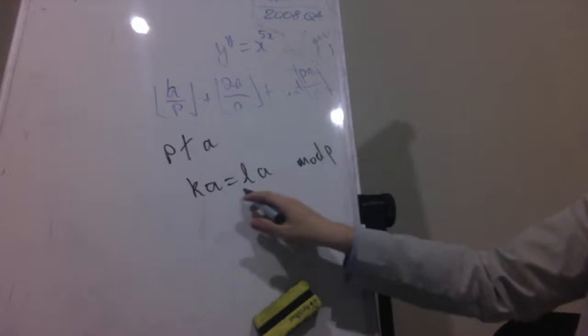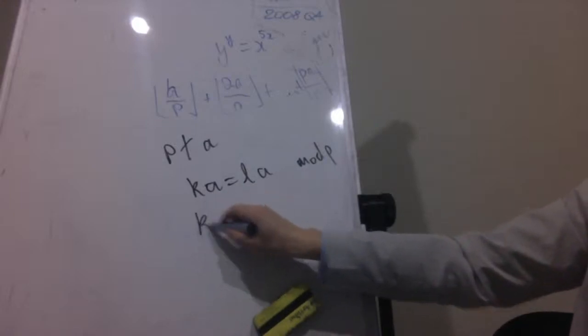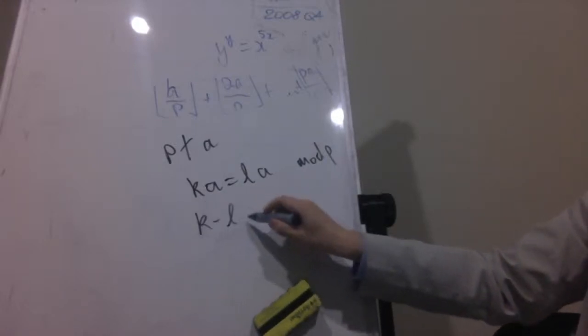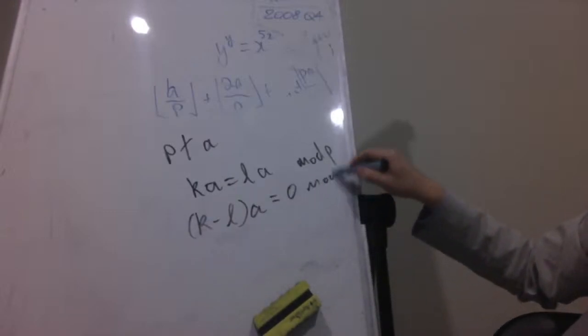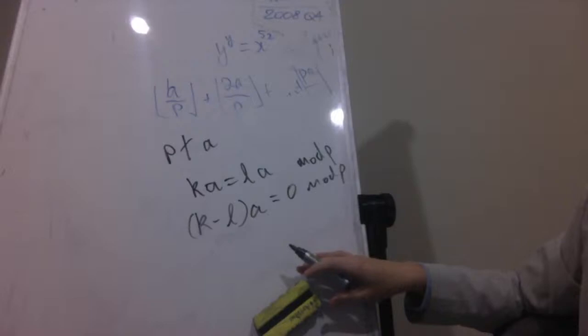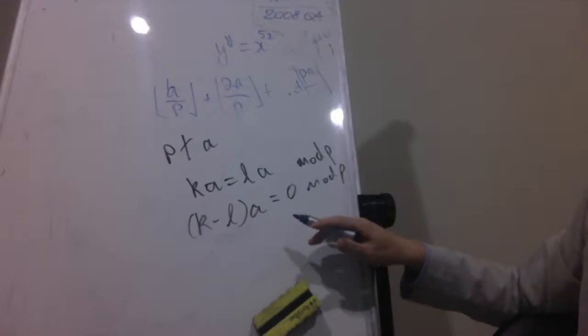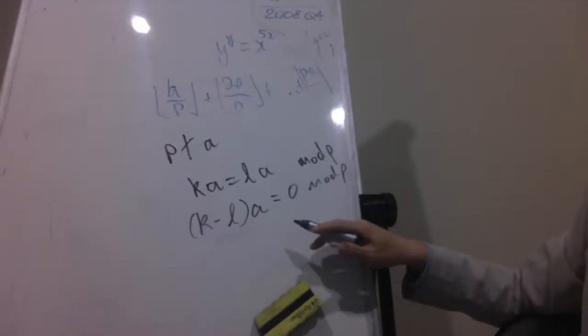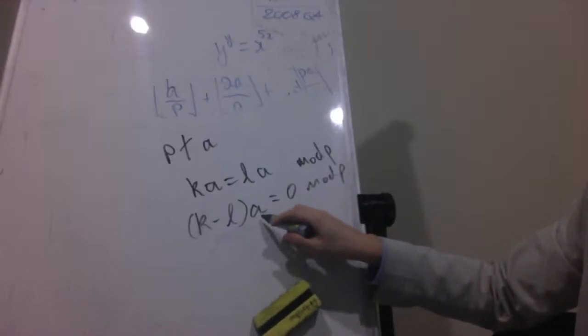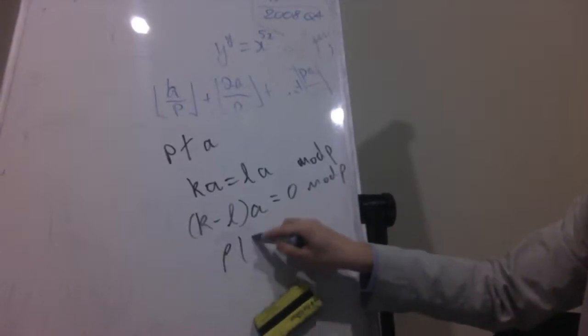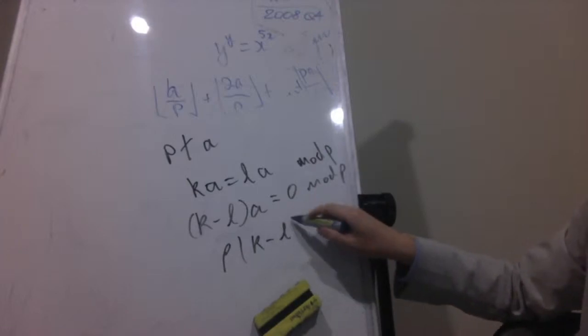If they have the same remainders, then their difference is divisible by P, right? P divides a product, and it's prime, and it doesn't divide A, so it has to divide K minus L, right?